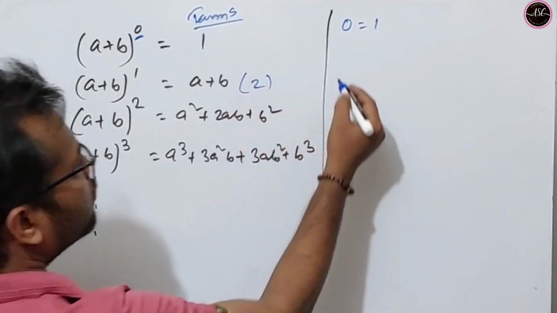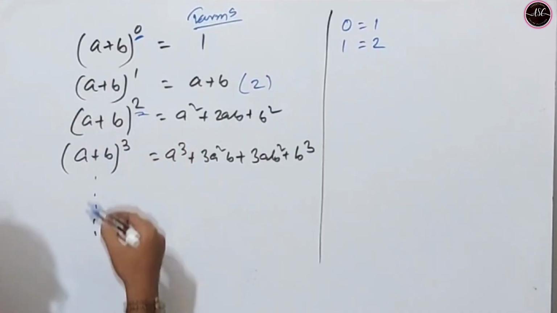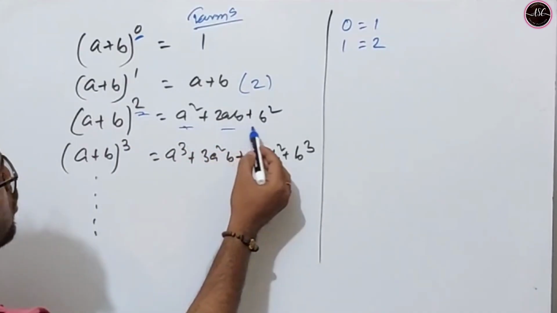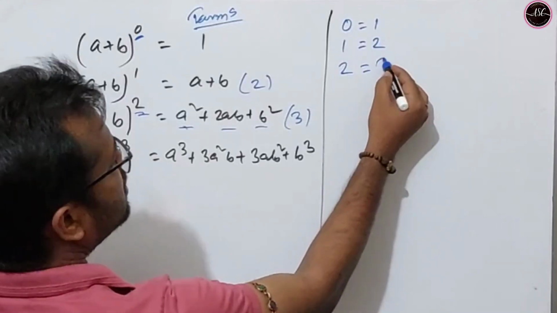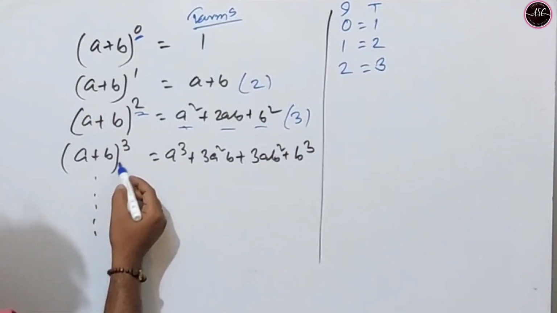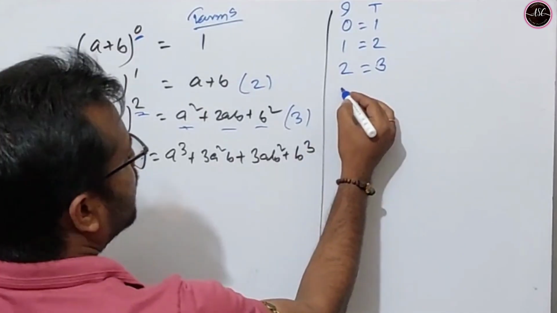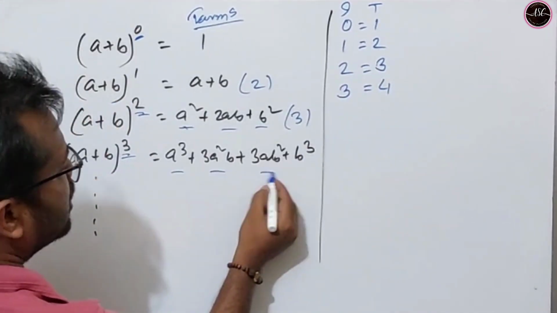A plus b, that means 2. When index is 2, terms are 1, 2, 3. So index is 2, term is 3. And here index is 3, term is 4. 1, 2, 3, 4.